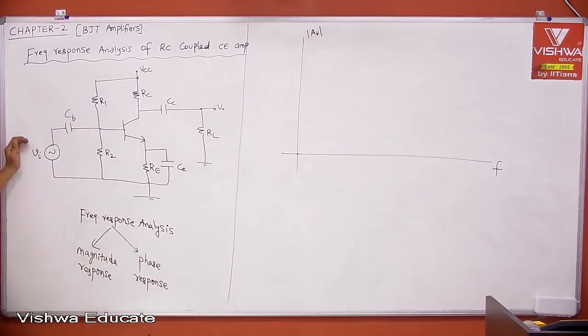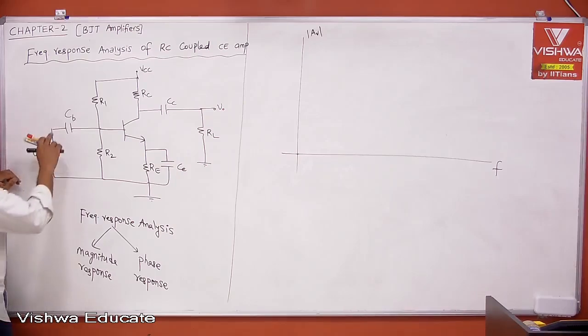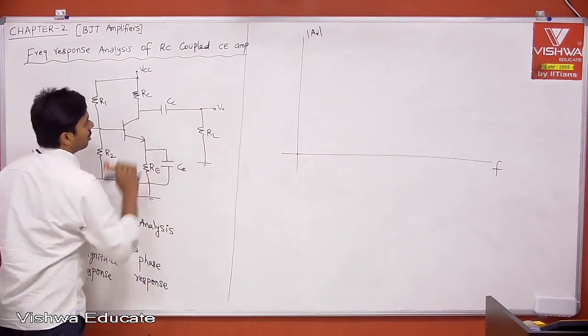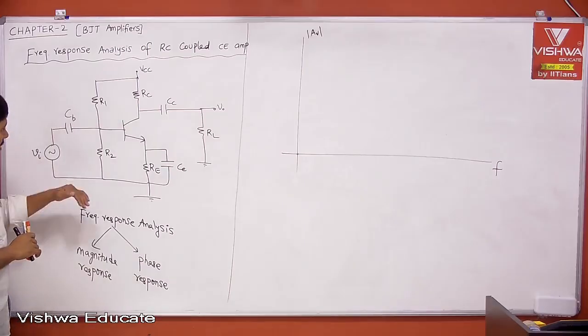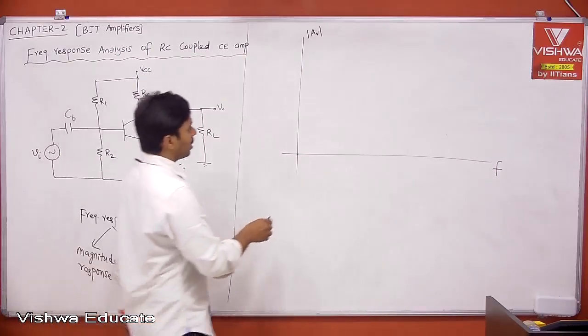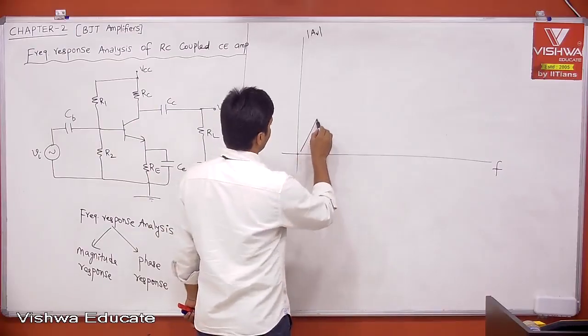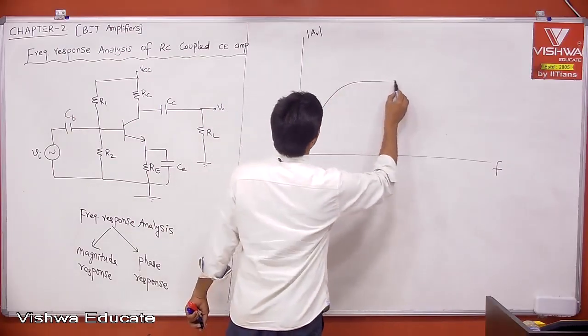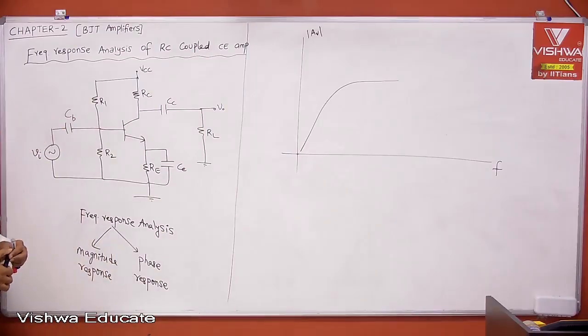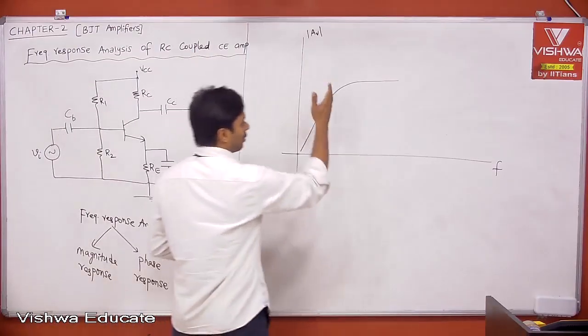But remember, as the signal frequency increases, slowly the capacitor will be shorted. Therefore, for low frequencies we will not have any gain, but as the signal frequency increases the gain increases, and then at a particular frequency your gain will become constant. At what frequency? That is what people call the lower cutoff frequency.